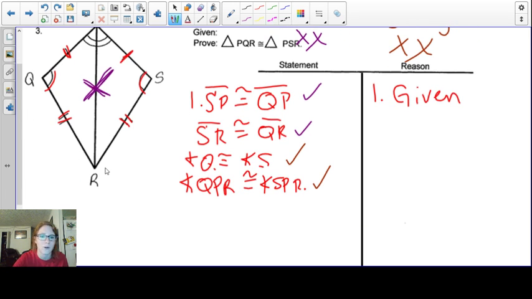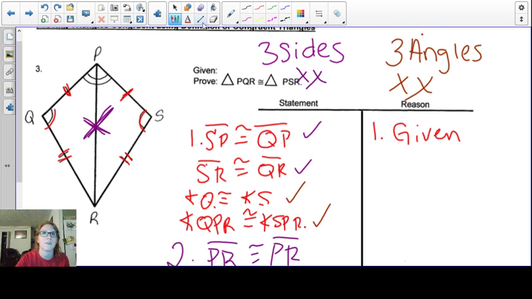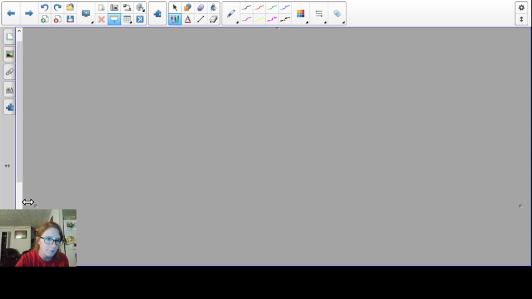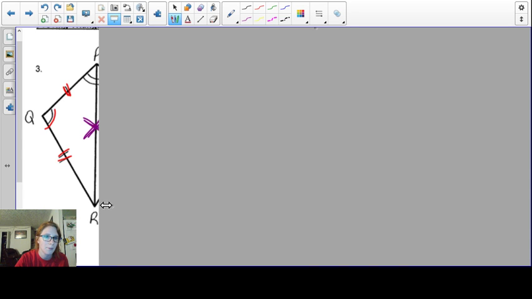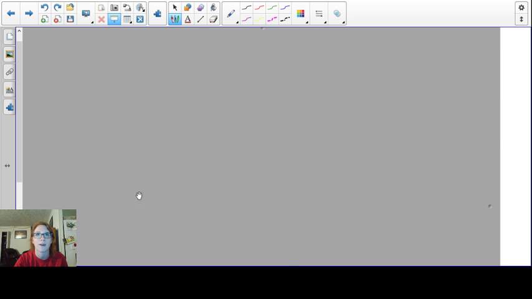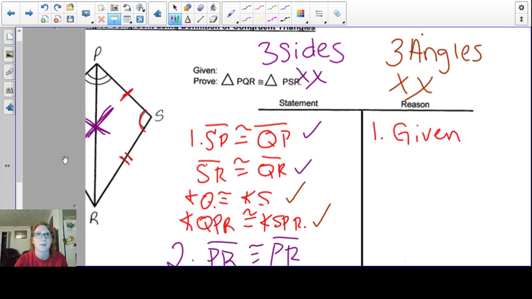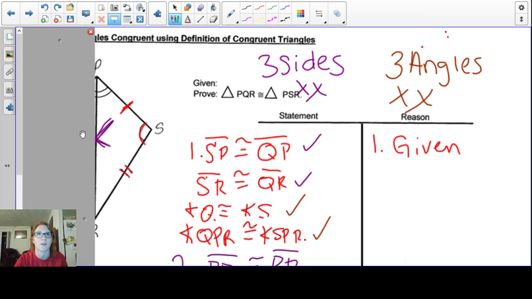So this is what's called the reflexive property. It's by saying PR is congruent to PR. Because those are 2 pieces in each of the triangles. If I cover up that side, you can see that I have the line PR in this triangle. And if I also cover up this side, you can see I also have PR in the other triangle.